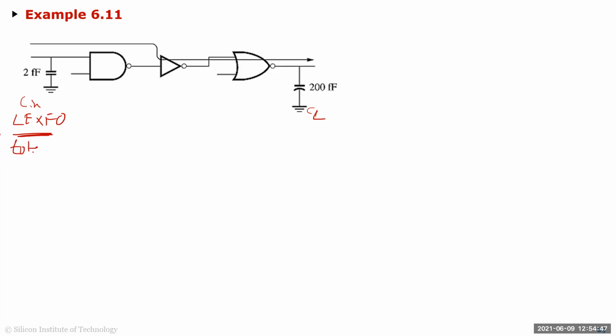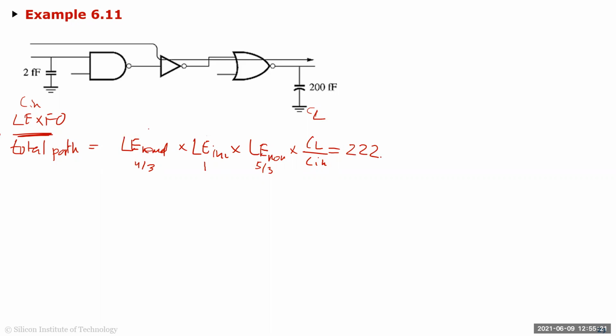The total path effort is the logical effort of the NAND times the logical effort of the inverter times the logical effort of the NOR times C load over C in. Putting in all the values, this is 4/3 times 1 times 5/3 times 100, 200/2, which is roughly equal to 220. Okay, this is logical effort.